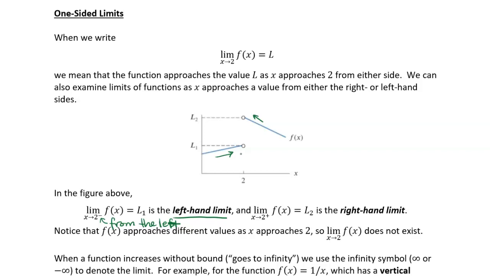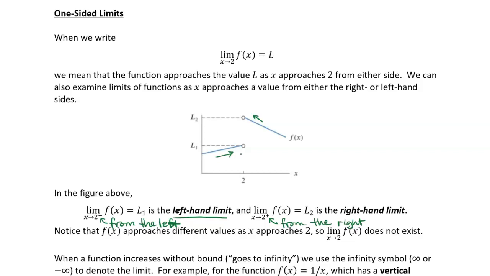We write the limit as x approaches 2, and we use this little positive superscript to mean from the right, because the positive side of the axis is on the right. We would read this as the limit as x approaches 2 from the right of f of x is equal to this value L2.